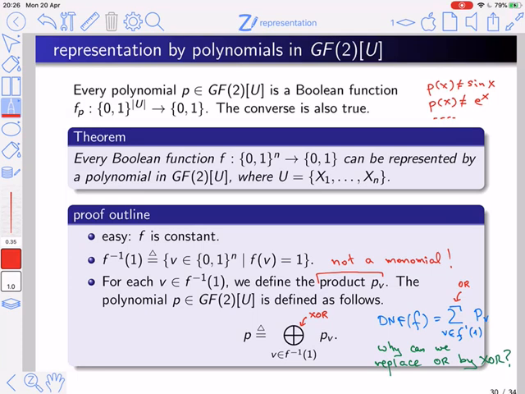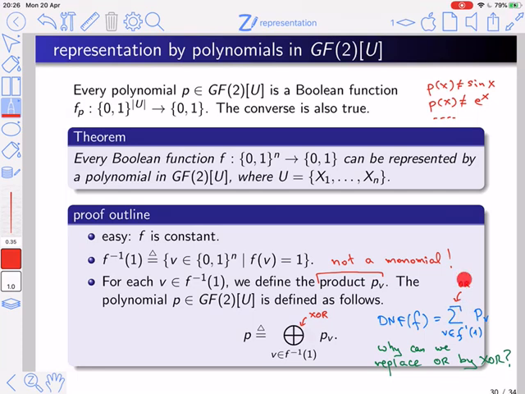Okay. So there are two issues that should worry you when you think about this proof. The first thing is that these PVs are not monomials. We'll work that out in a second. And the second thing is how could these two Boolean formulas be equivalent?